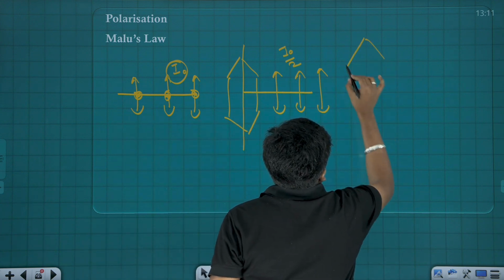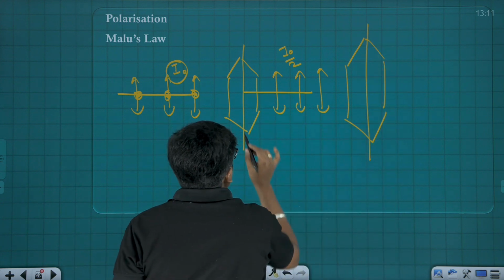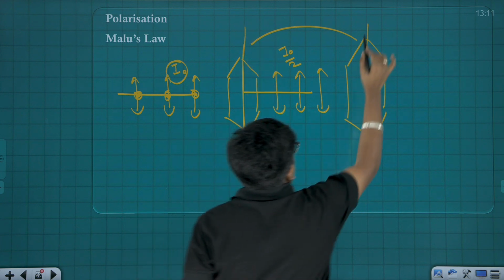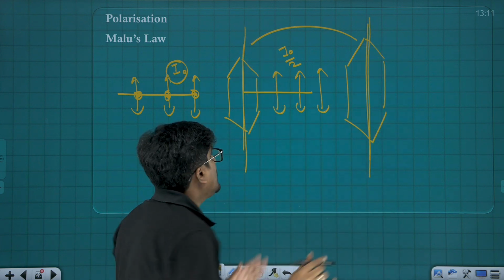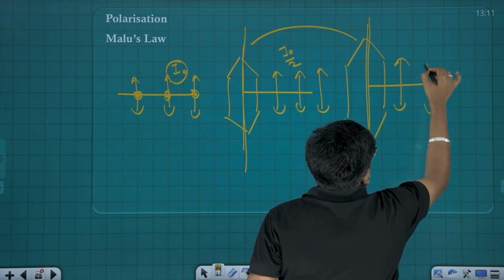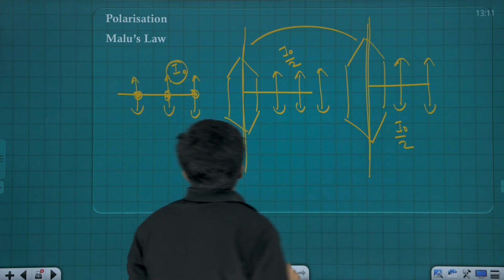And if I place an analyzer here like this, now if these two axes are kept parallel, then the light coming out here is again going to have an intensity of I0 by 2 only.